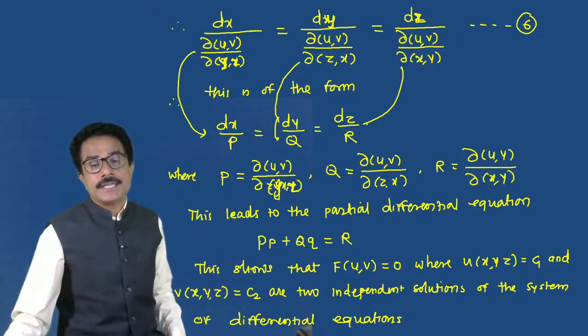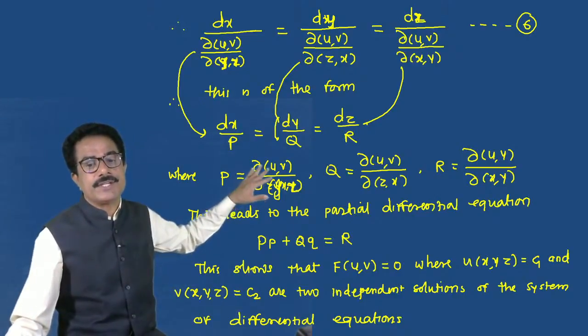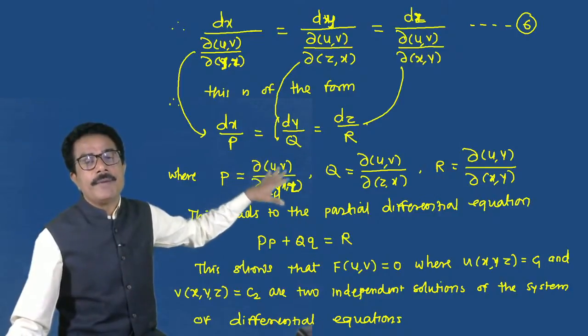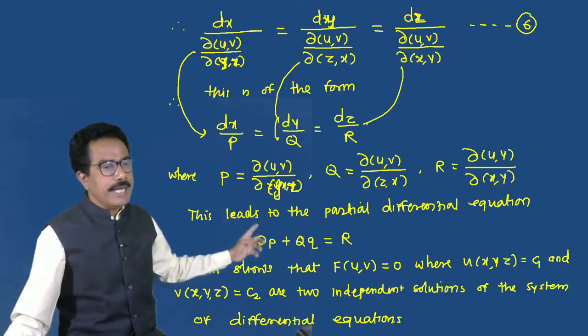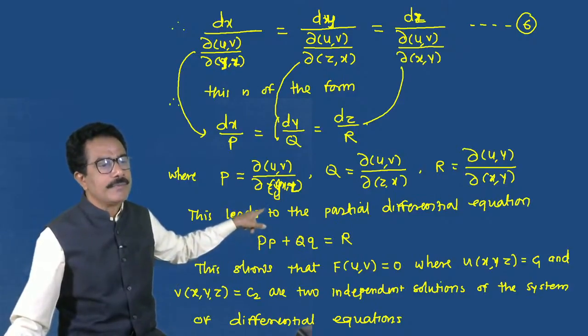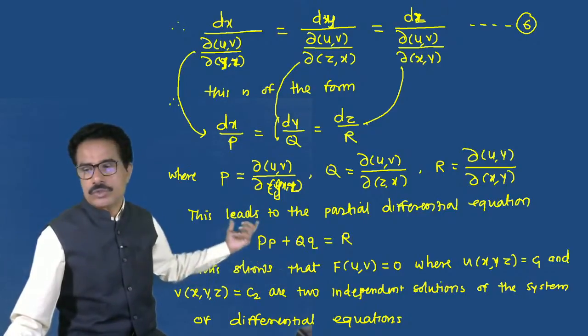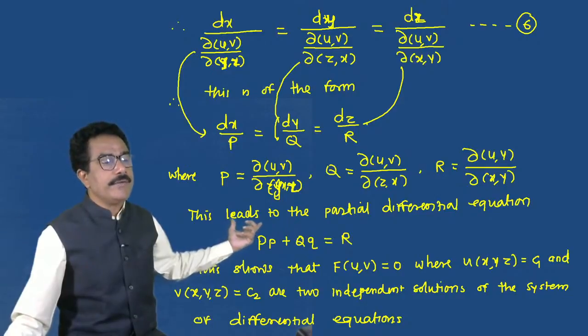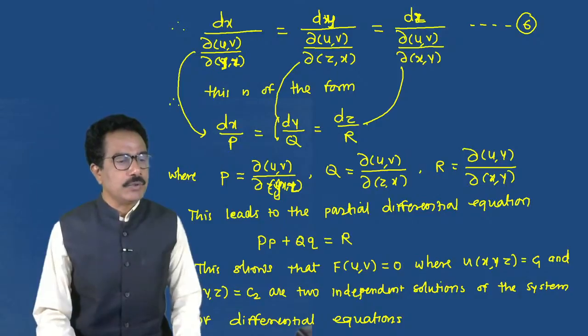And we have seen in the theorem that the solution of a differential equation f(u,v) = 0 is in the form P·p + Q·q = R, which leads to the differential equation P p + Q q = R.